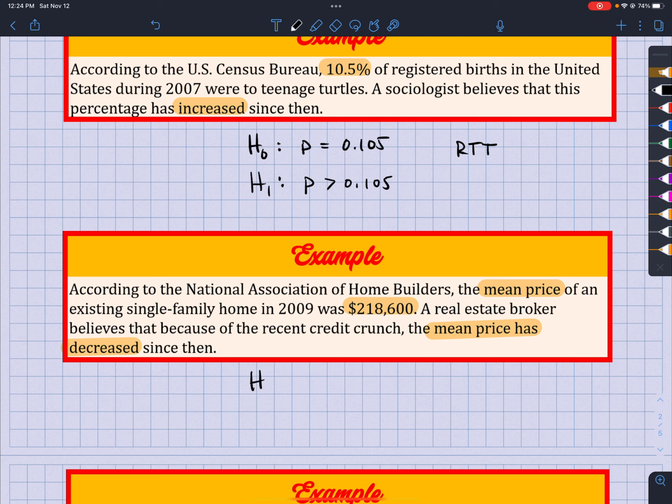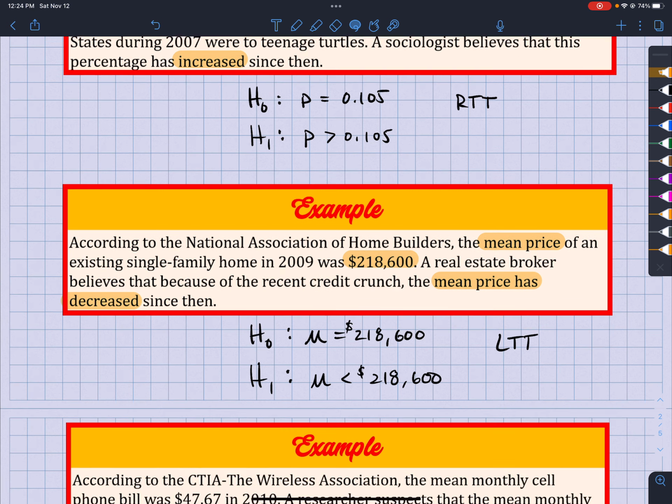My null hypothesis would be that the mean is equal to 218,600, right? My alternative hypothesis would be that the mean has decreased, so it's going to be less than. This is going to be a left-tailed test.